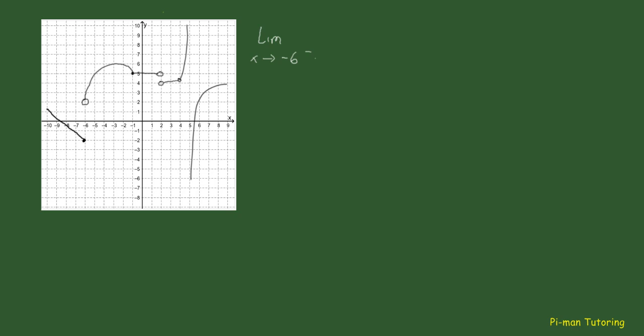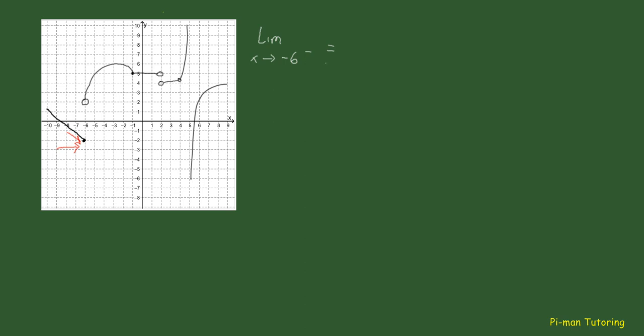So this little negative sign means we want to see where this function approaches as we come in from the left direction. If we look at the graph, we're coming in towards negative 6 from the negative direction. And we can see that the function is smoothly approaching a value of negative 2.